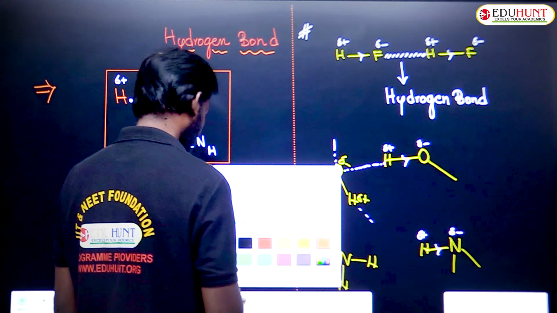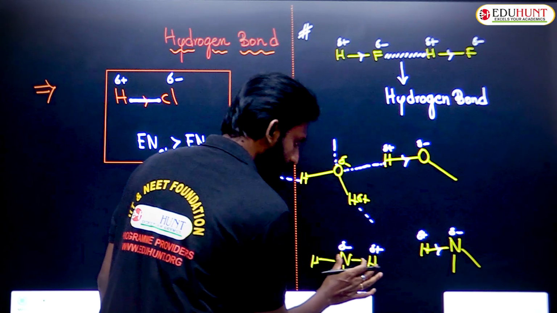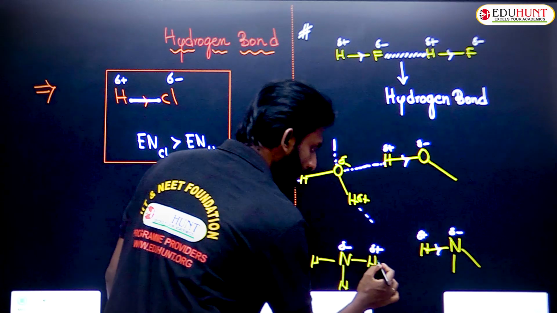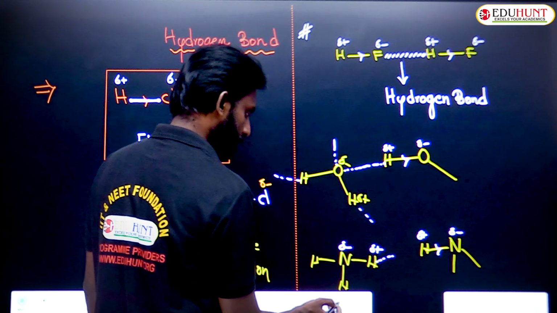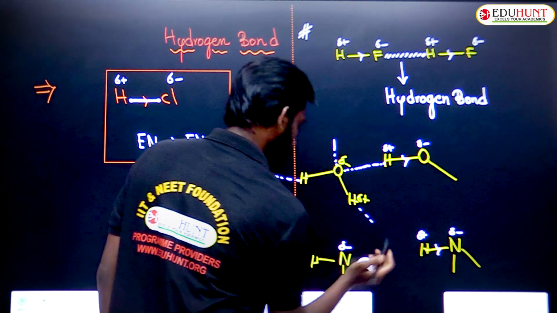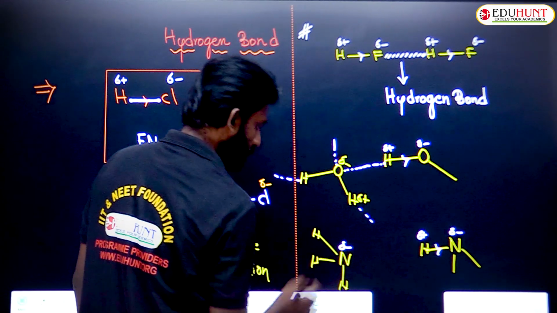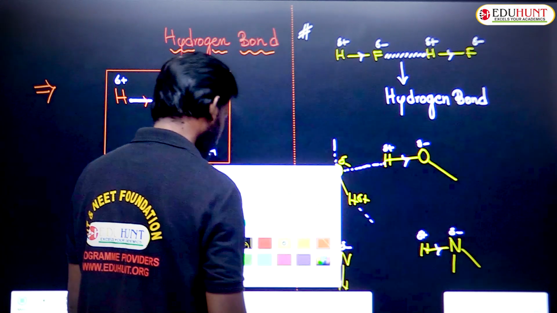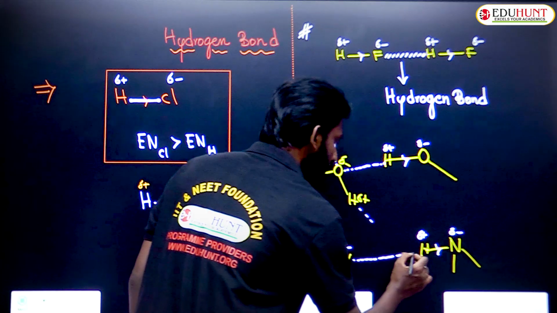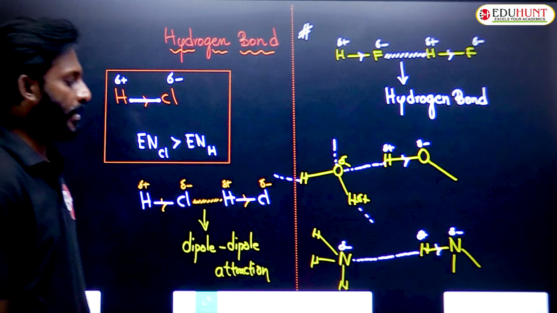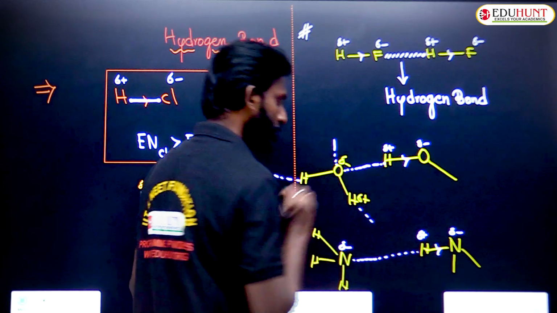Yes, partial positive charged hydrogen, partial negative charge. I'm considering only this bond. Fine. The attraction between these two atoms. Now, the attraction between these two atoms can be called hydrogen bond. This dotted line is hydrogen bond.